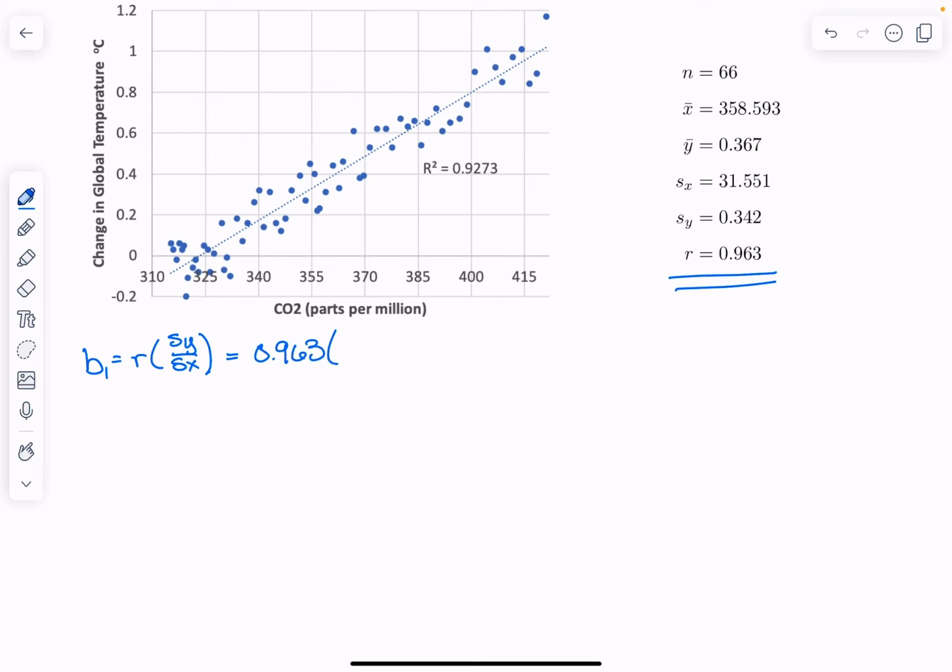Now, you can use your favorite statistical software to find the standard deviations of x and y. For y, it's going to be 0.342. For x, it's going to be 31.551. And that gives us a slope of 0.0104.